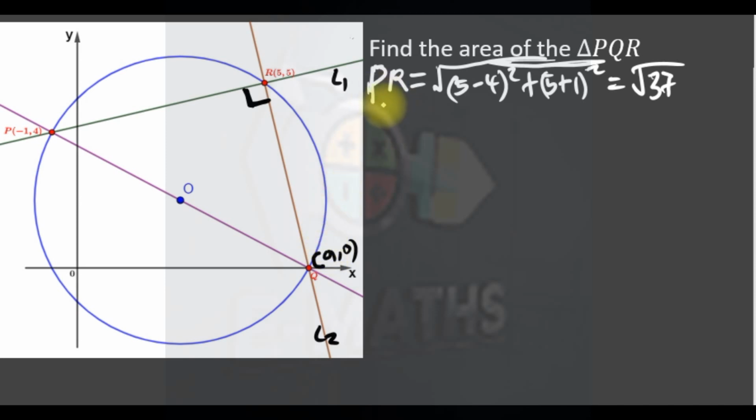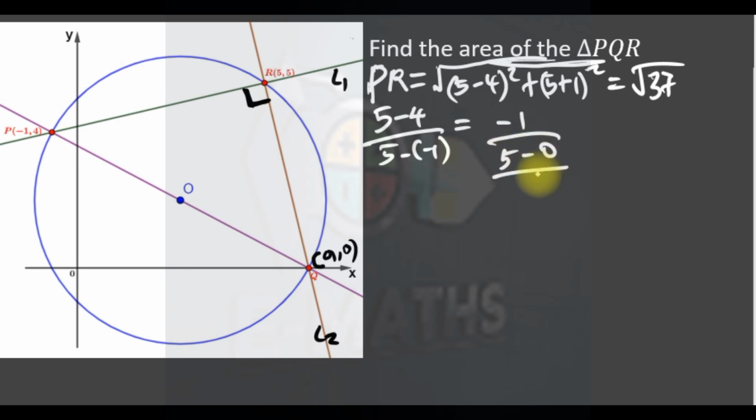So we know that the slope, that is (5 minus 4) over (5 minus 1), will be equal to minus 1 over (5 minus 0) over (5 minus A).